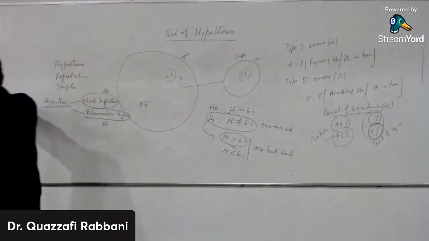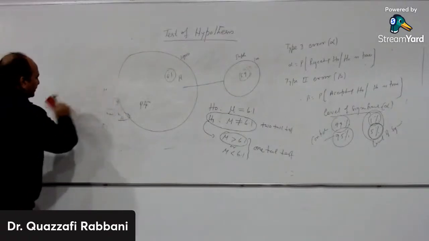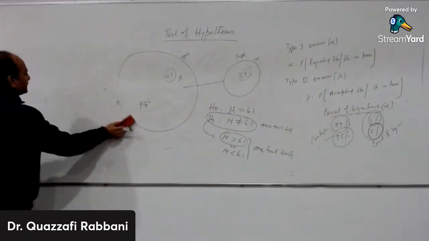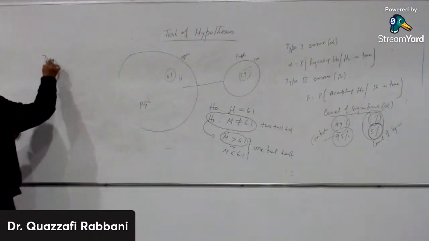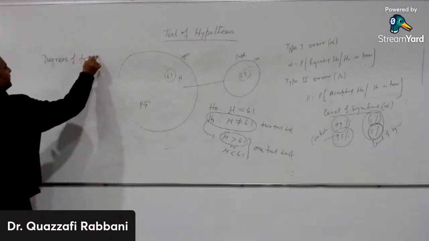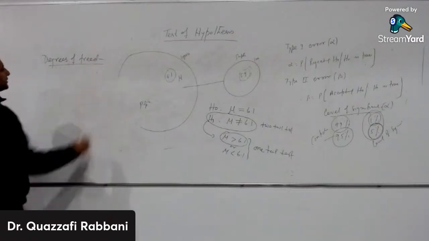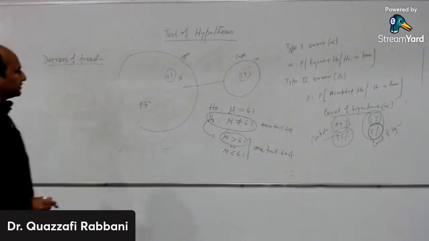And one more term which is always used is the degrees of freedom. Degrees of freedom is the number of independent values.